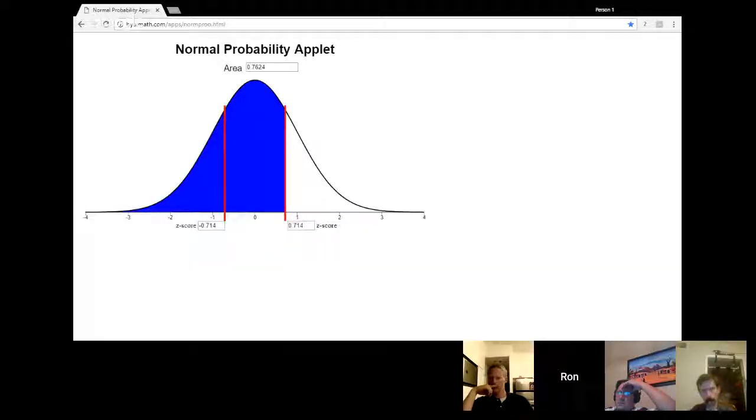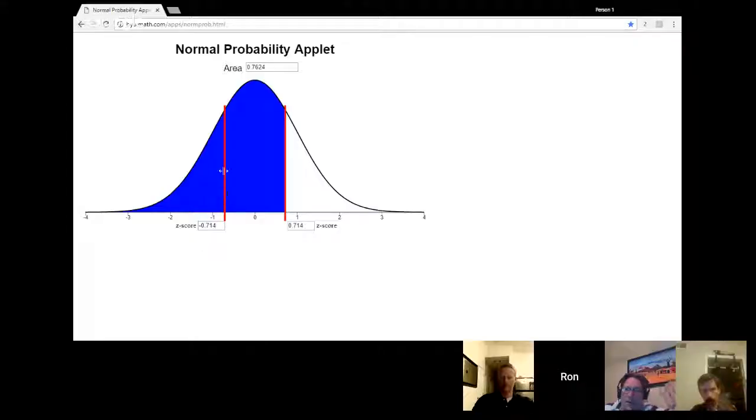Here, let me share my screen for a second, just so I can help you. Okay. So when we put in the z-score, the very first one we put in was negative 0.714.